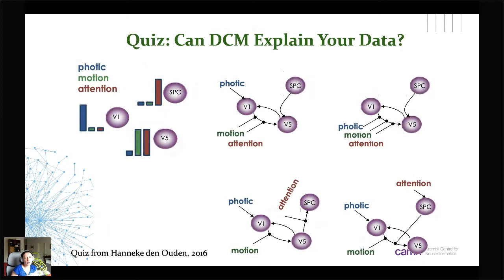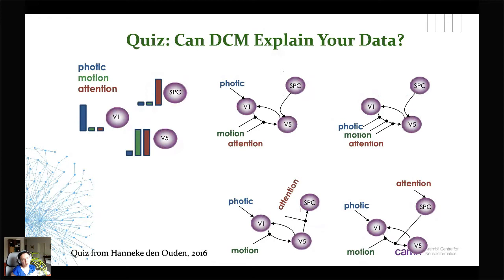So this is a quiz taken from Hanneke den Ouden, who also taught DCM at previous SPM courses. And I think it's a nice thought experiment if you are interested to apply DCM to your data.